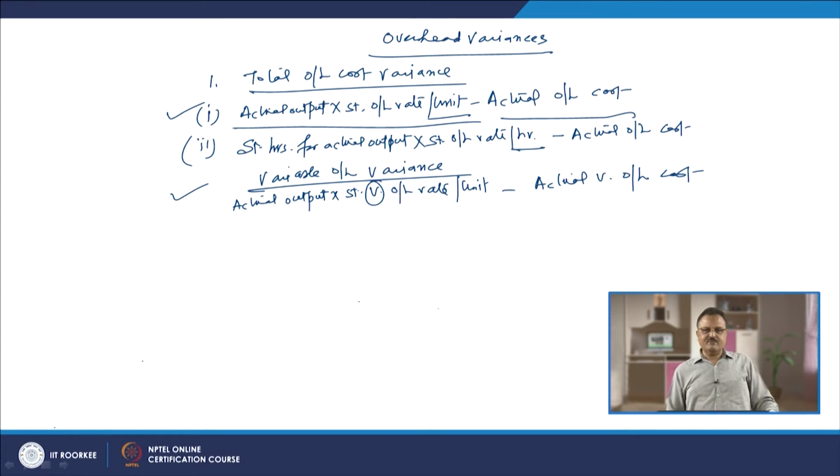So, it is a comparison between the standard variable overheads and the actual variable overheads, and only the word variable has to be added into the formula if it has to be calculated in relation to the material.